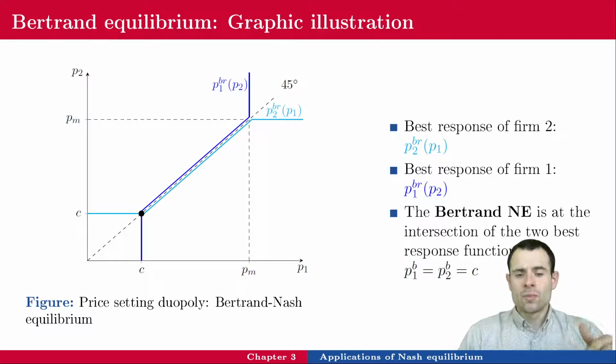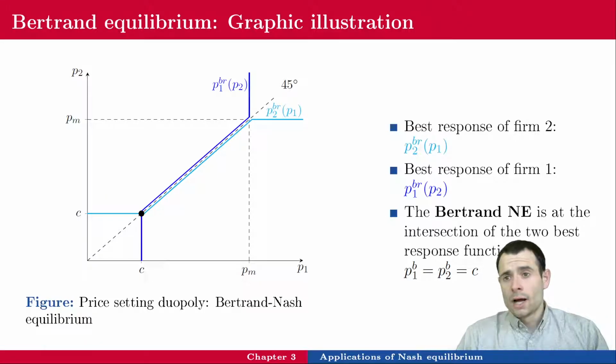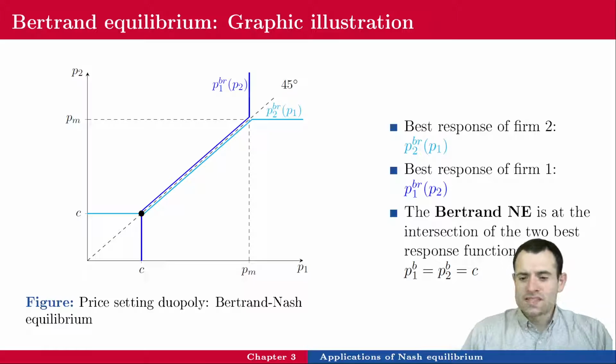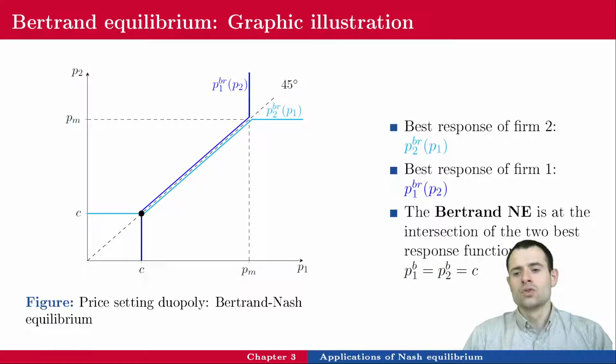In the chapter about game theory, we have 3 more lectures about game theory. There are going to be graphs similar to this, where we plot best response functions and we see where they meet. Those are graphs you will be required to know for the exams and the quizzes.